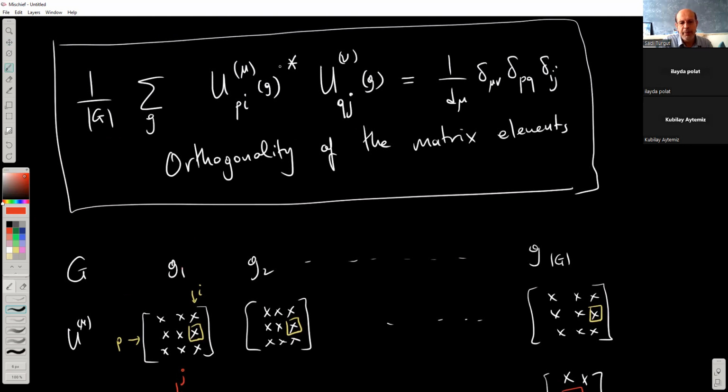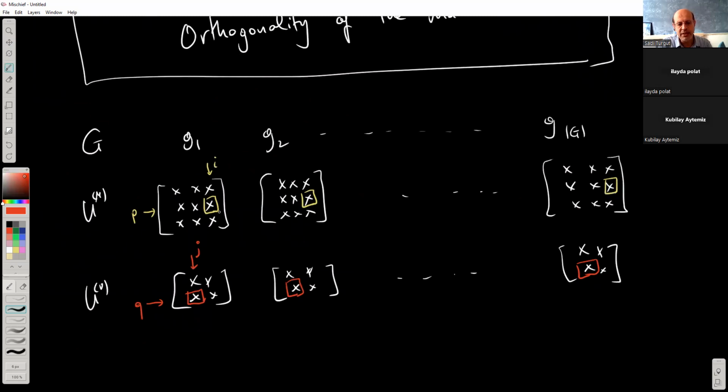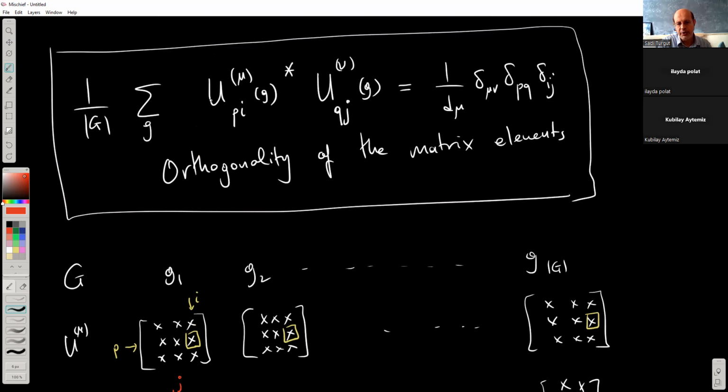What I do is take the complex conjugate of the yellow matrix elements and multiply it with the red matrix elements. Basically, I'm multiplying these two numbers, and these two numbers, and adding them up. This is like an inner product, but I'm taking the inner products of some matrix elements.